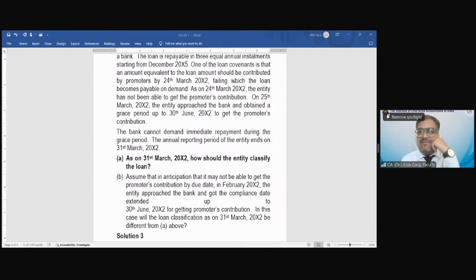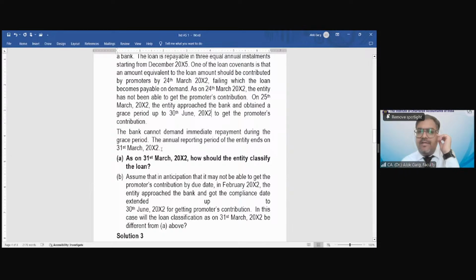Because before the reporting period, we got extended compliance. That's why. No, but what is the time period? Up to which period did we get the extended compliance? Up to which period? 30th June 20x2? Yes. The bank has given the grace period up to 30th June 20x2 only.